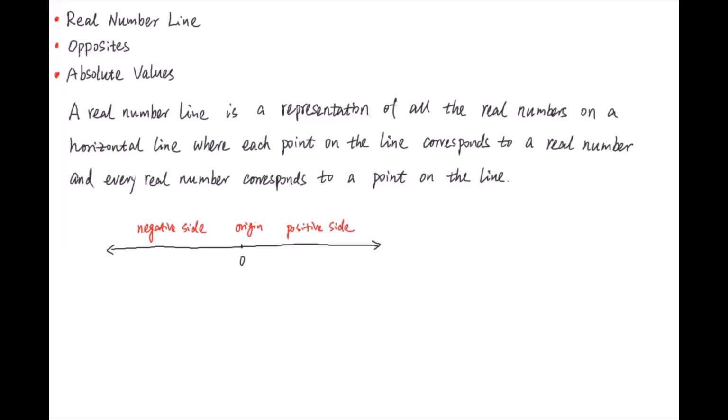The origin separates the number line into the negative side and the positive side. Numbers to the right of the origin are positive, and numbers to the left of the origin are negative.